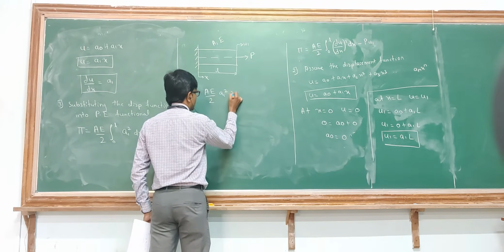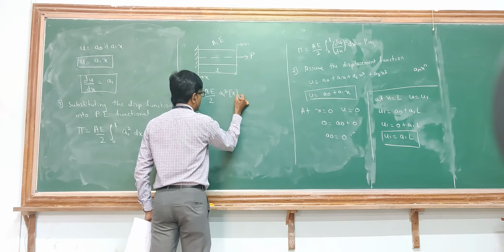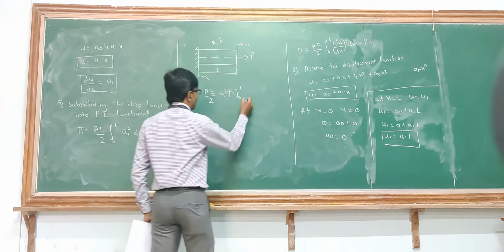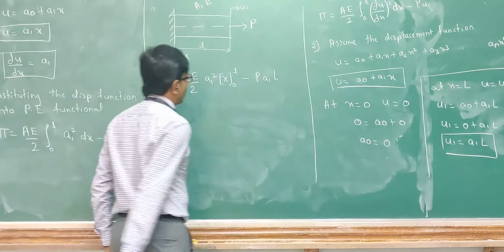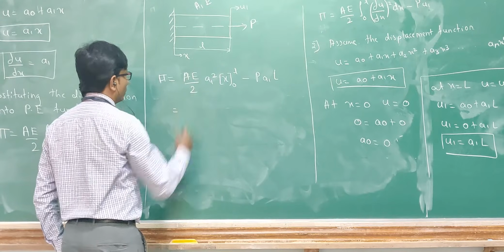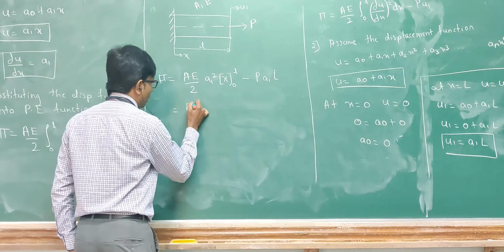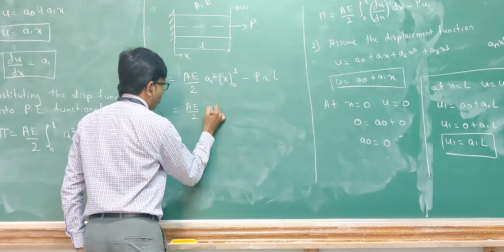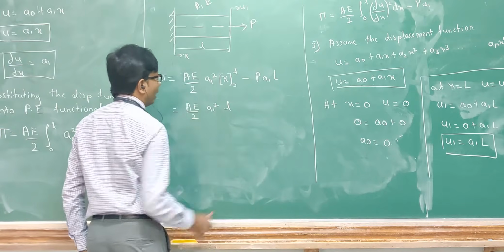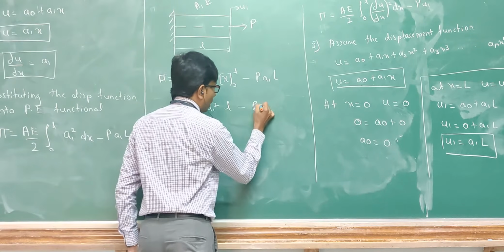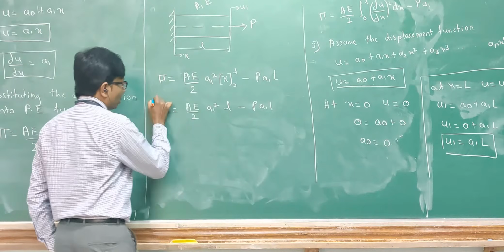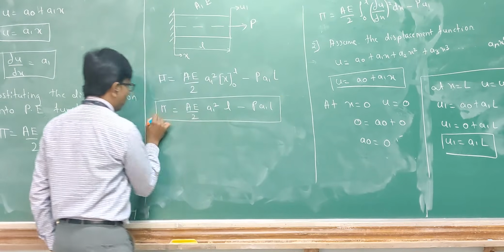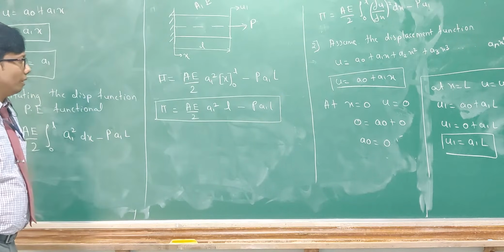The integration of dx is x, and the limits are 0 to L, minus P a1 L. If I put the limits, you will get AE by 2 a1 square into L minus P a1 L. So this is pi, the simplified form of the potential energy function.